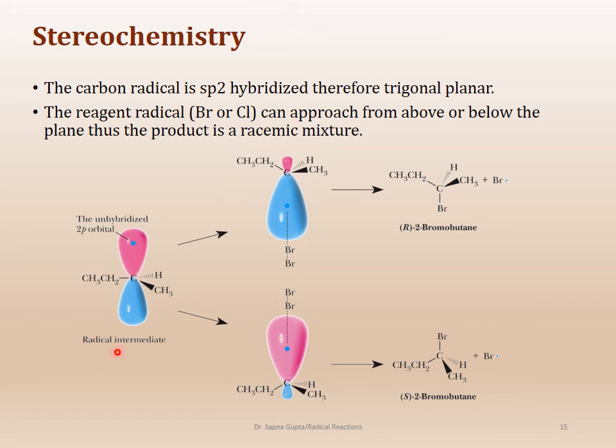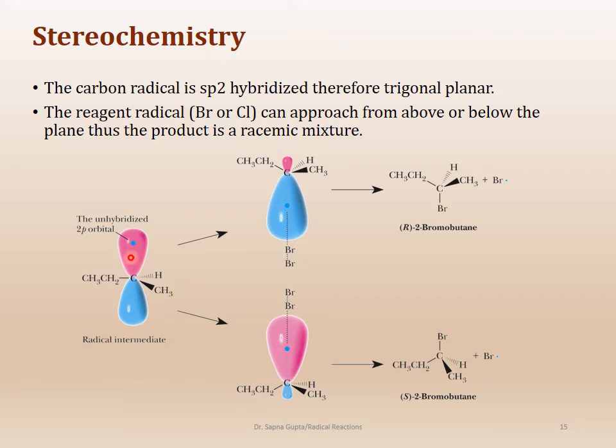Now, as far as the stereochemistry is concerned, this is also a property, because one of the things that can happen with radical reactions is you can generate chiral centers. Just like carbocations, carbon radicals will also give you a racemic mixture, because just like carbocations, the carbon radical is sp2 hybridized, and because it's sp2 hybridized, it's trigonal planar.